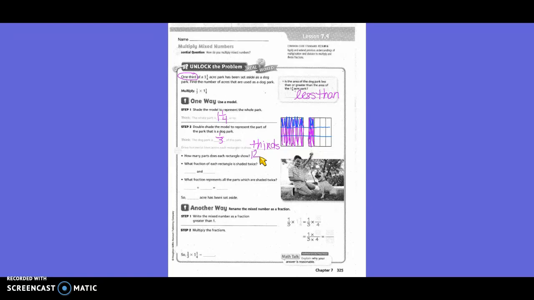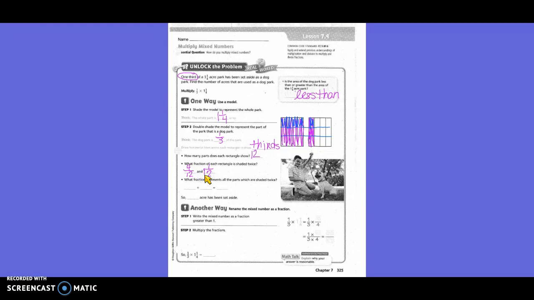We have 5 total, but how many do we have just in this rectangle? 4. So 4/12, right? And then of the second rectangle, how many did we color in? 1/12, or double color in, darker color in.